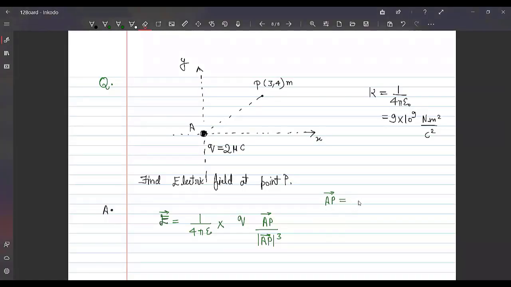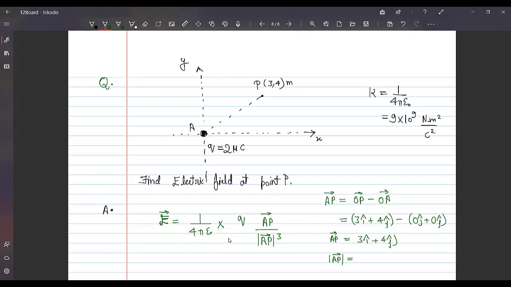So AP vector is OP vector minus OA vector. OP vector is 3i cap plus 4j cap. And A is at the origin itself, so the A vector will be 0i cap plus 0j cap. That gives you 3i cap plus 4j cap as the AP vector. Then you can calculate mod of AP, put all those values in this equation.